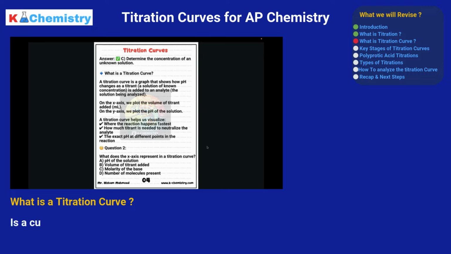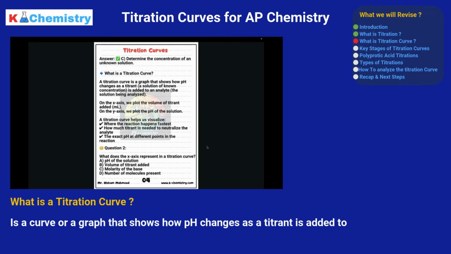But what is a titration curve? It is a curve or a graph that shows how pH changes as the titrant is added to the analyte. What are the titrant and analyte? You remember we have the two test tubes? We have the test tube with the unknown solution concentration and the other test tube with the known concentration solution.